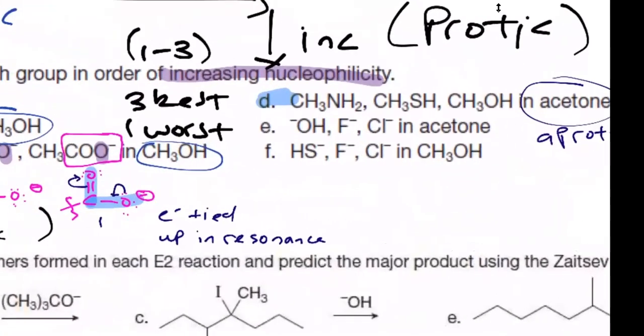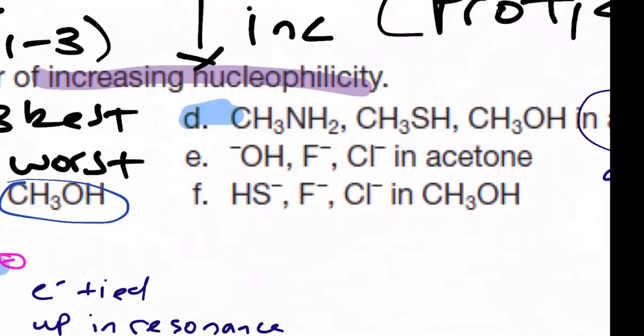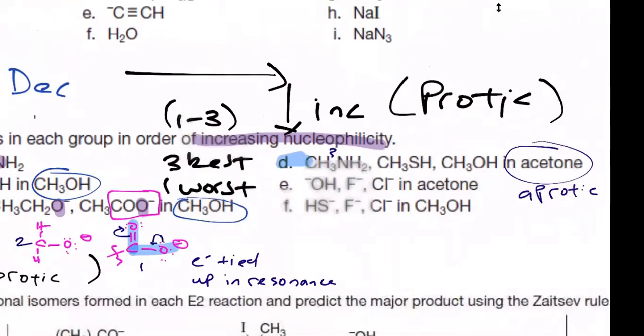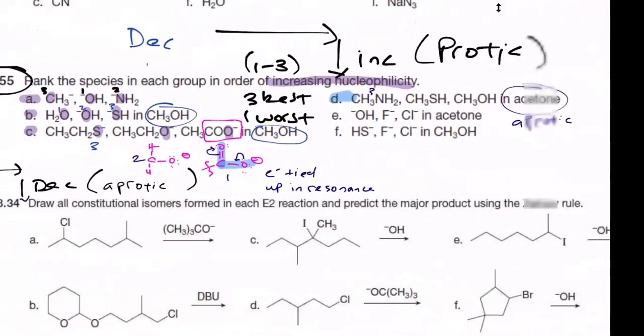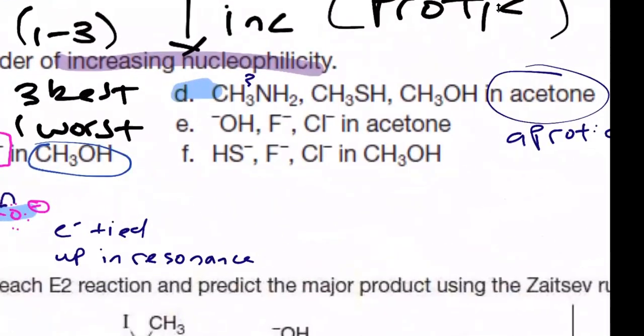So you're right, the nitrogen nucleophile would be the best. But then when you get to sulfur and oxygen, oxygen is worse than nitrogen, but it's going to be better than sulfur because it's above it. The solvent does make a difference. The trend is decreasing left to right, decreasing top to bottom. So we're going to say 3, and then 2 here and then 1 here. Following?